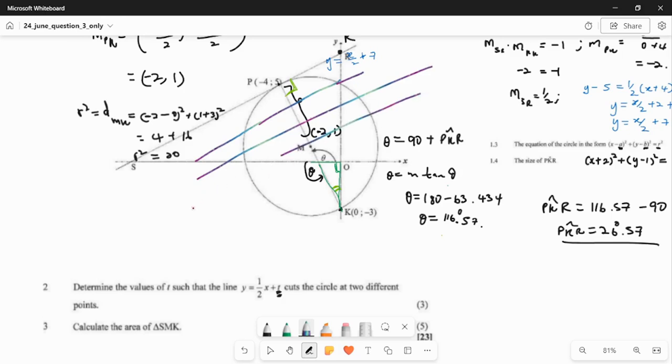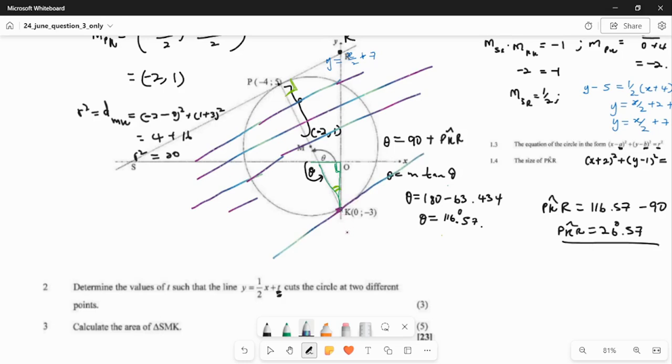And only functions that are below this one will cut this circle twice. But the moment we arrive at this point, our straight line with a gradient of half and some value t will only touch the circle once, meaning it will form a tangent, right?